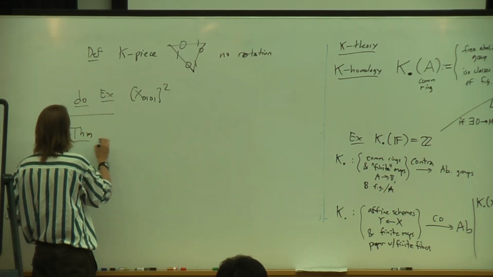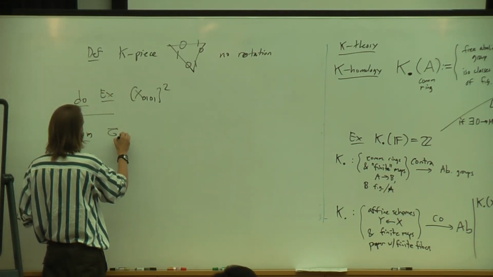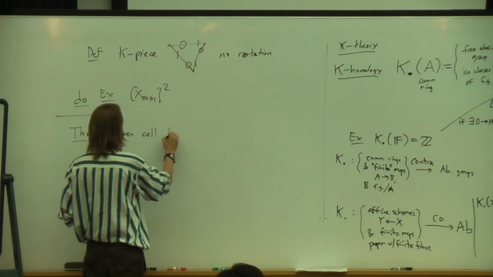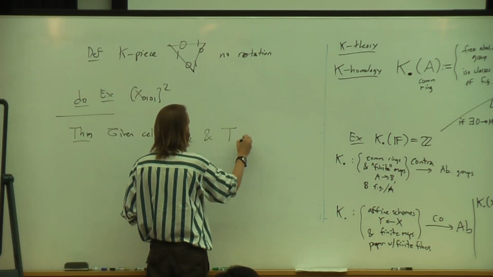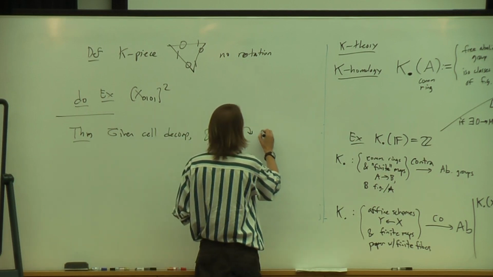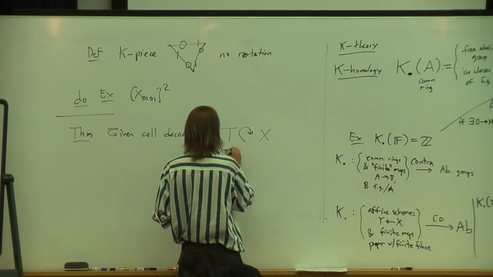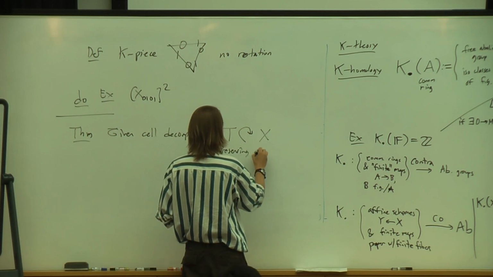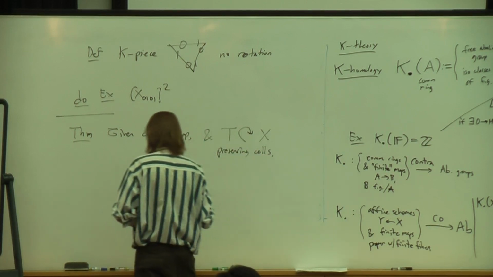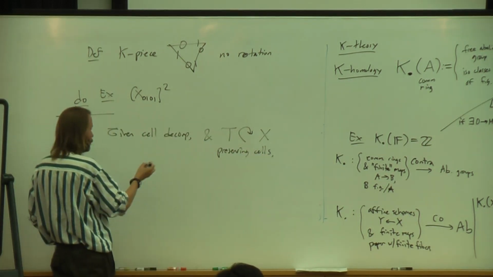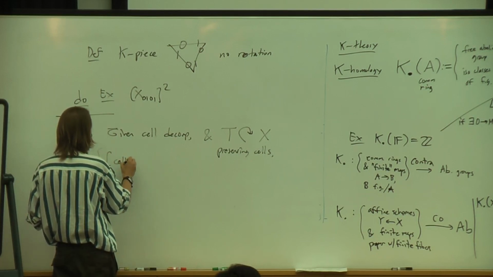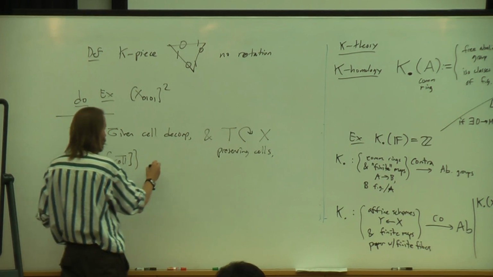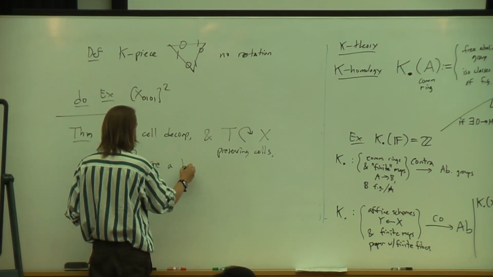So the theorem: given that cell decomposition, and a torus acting on X preserving cells. It's no longer true that the classes of the closures of the cells are a basis.